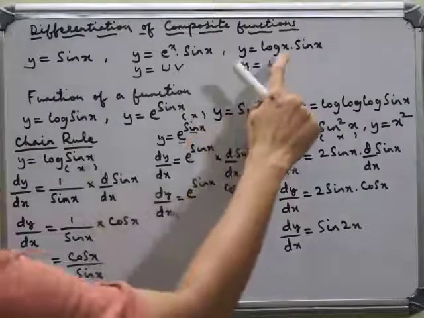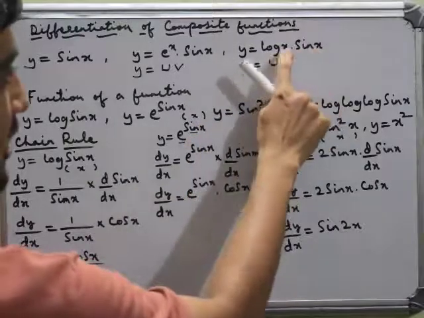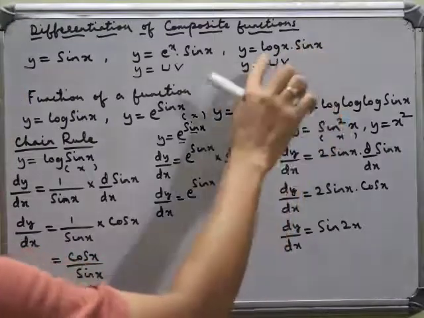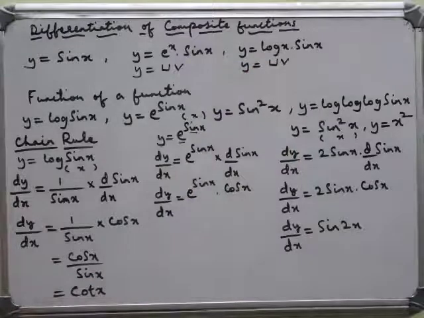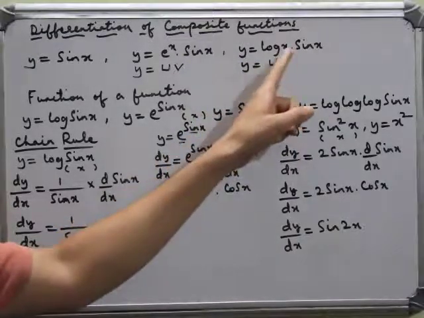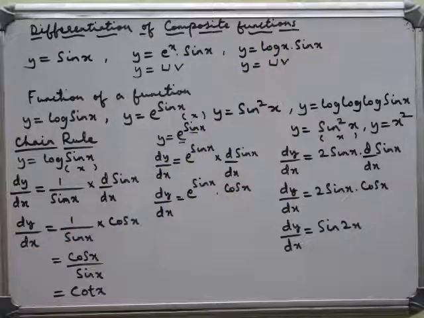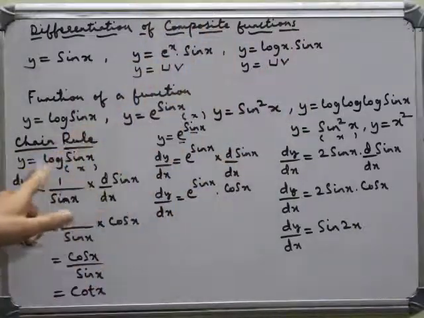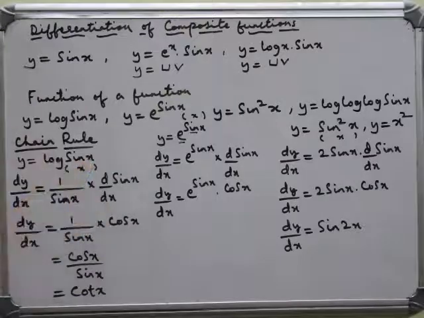If you find 2 times x log x into sin x, then you have to use the product rule because these two are different functions. Y is defined as the product of two different functions. If you find only one x, as you can see here, log of sin of x, that gives you a composite function.